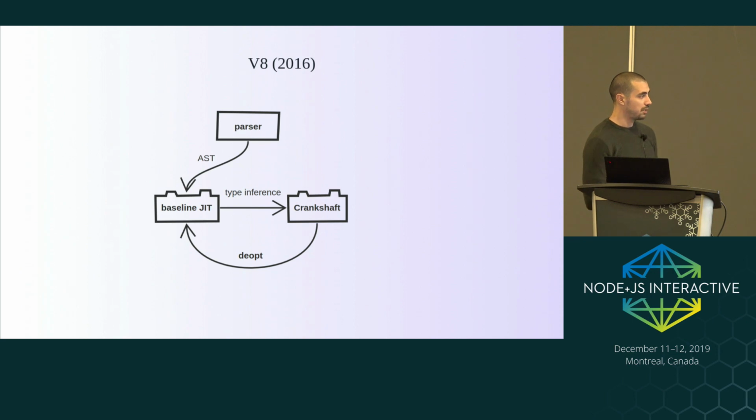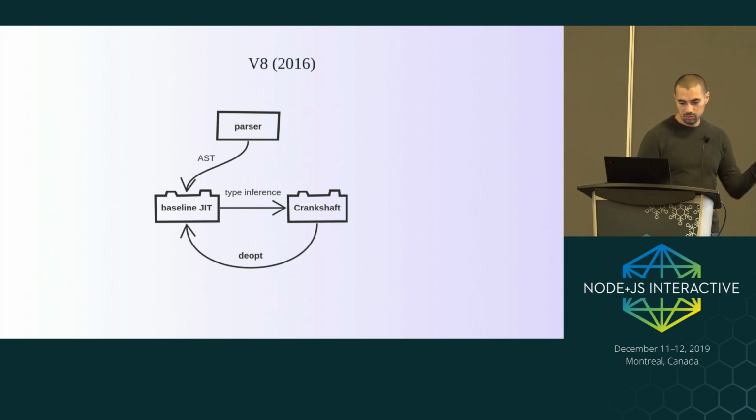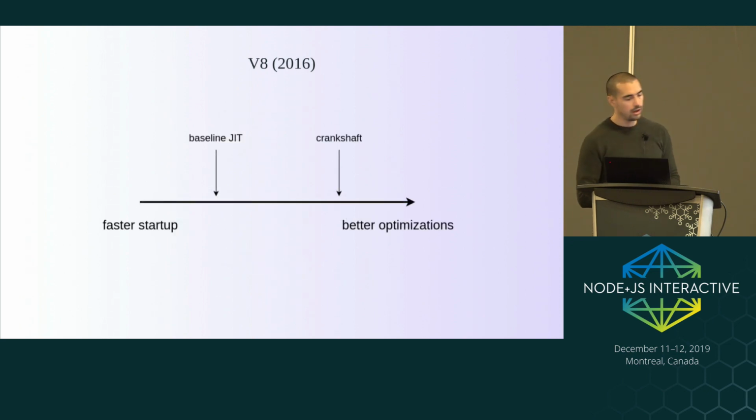The optimizing compiler was Crankshaft, and for the optimizations, the code would go back to the baseline just-in-time compiler. If we graphed those two on the scale that we had before, Crankshaft would be closer to the right, and the baseline compiler would be to the left, but not to the extreme left, because compiling code still has some latency. We still have some overhead for starting up.